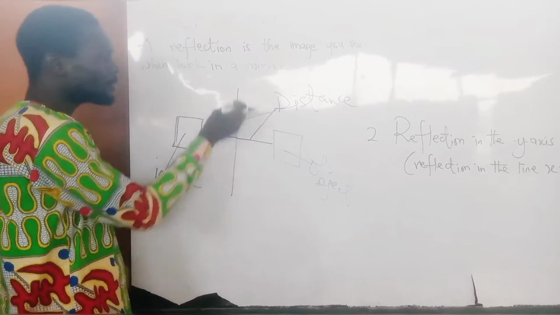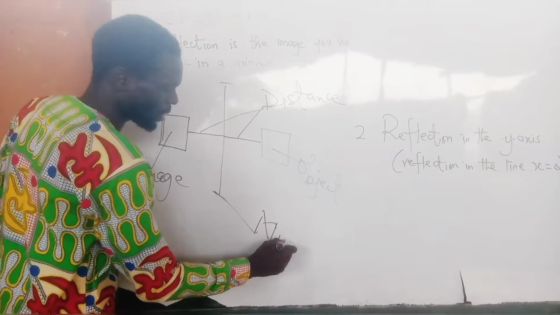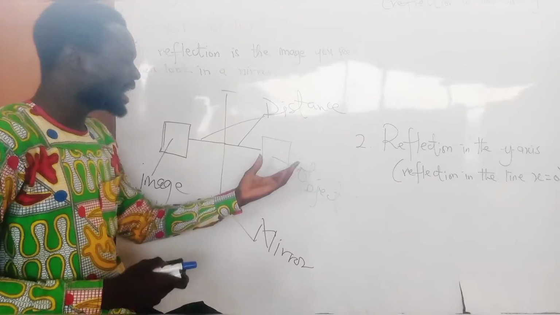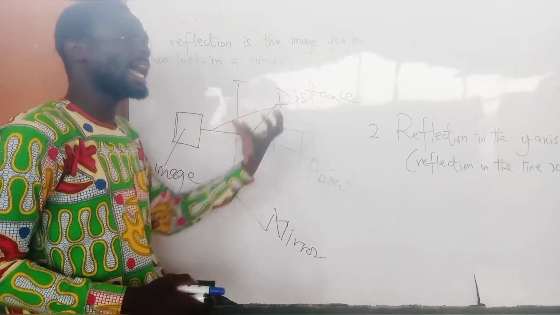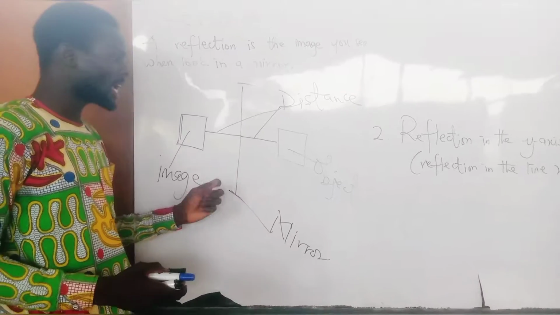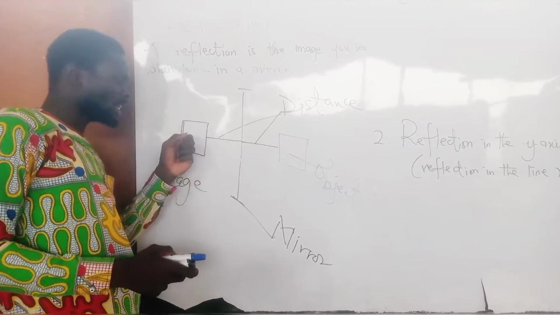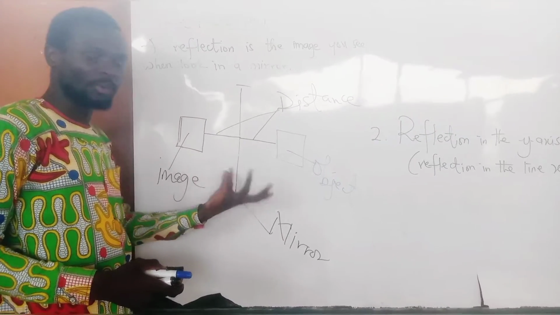So the distance that the object has from the mirror is the same distance we are going to get from the mirror to the what? Image. Using a mirror, we are going to say that.